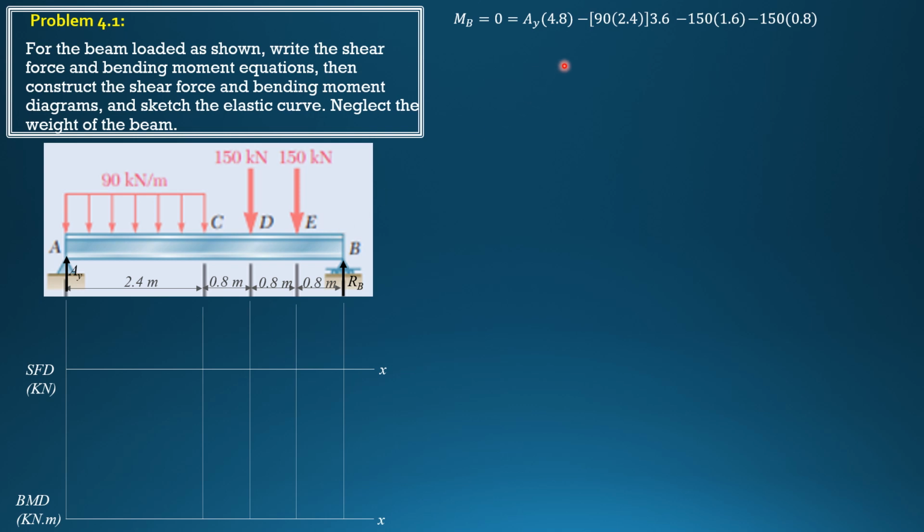Then we can now solve AY. AY is 237 kilonewtons as before.